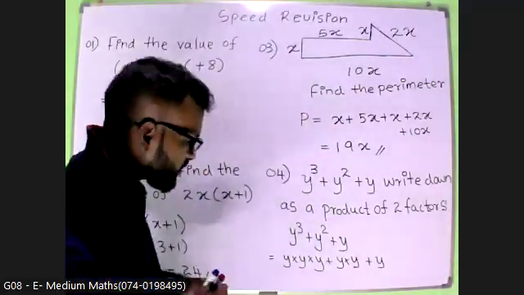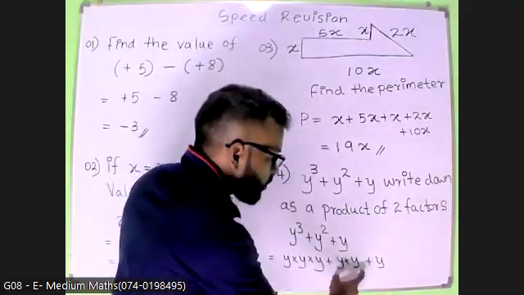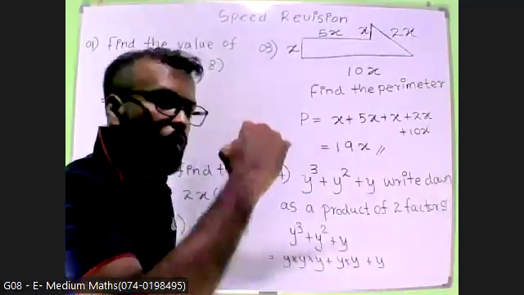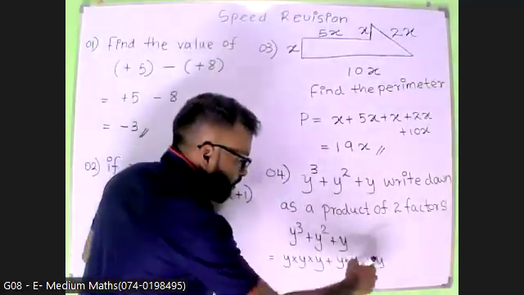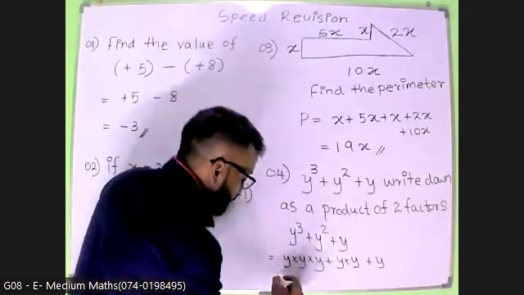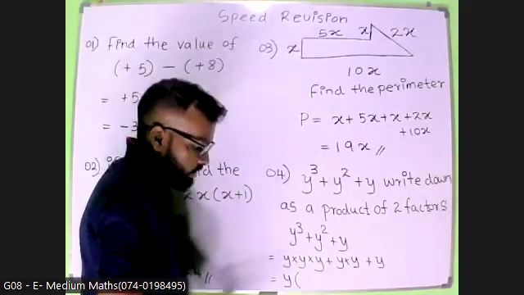Now, everywhere you can take out one y. Here you have 3 y's, here you have 2 y's, here you have 1 y. So you can take 1 y out because for all of the 3 terms, the common term is 1 y.